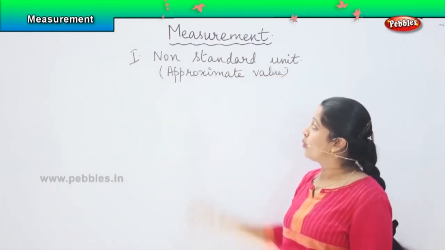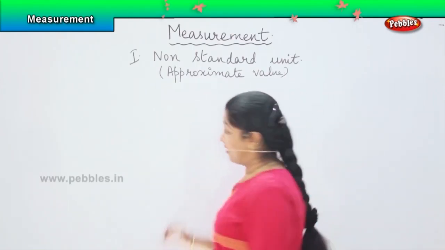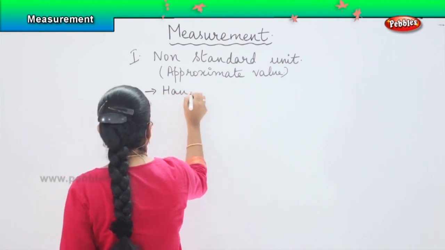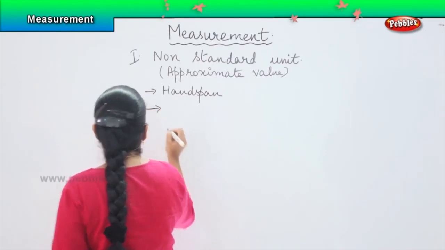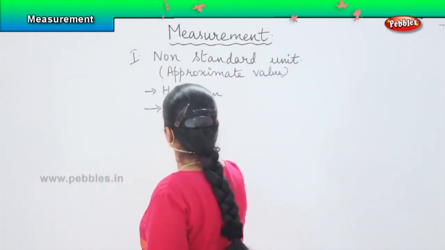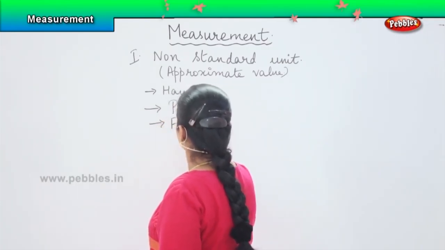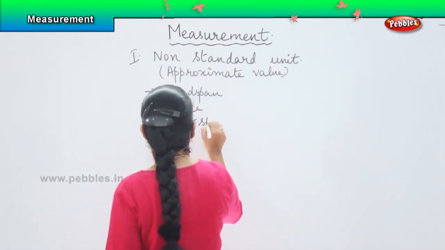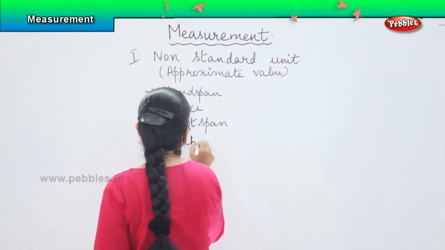Okay. So what are the various forms of non-standard that we can see? The first one is your handspan. The next one is your pace. Then comes your foot span. And the last one is your cubit.